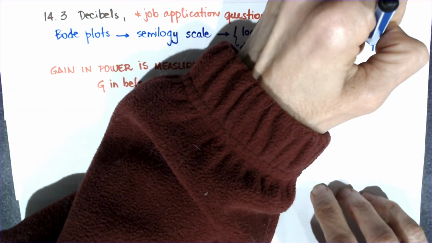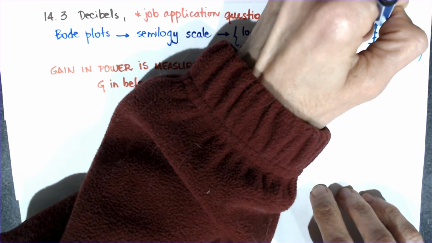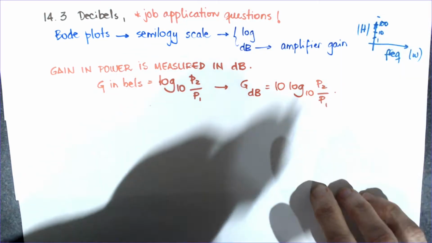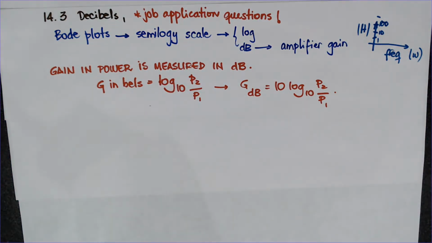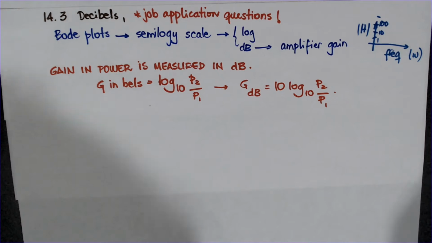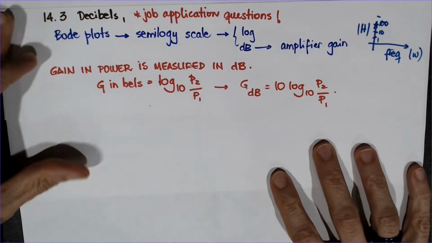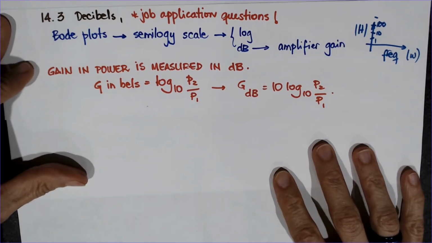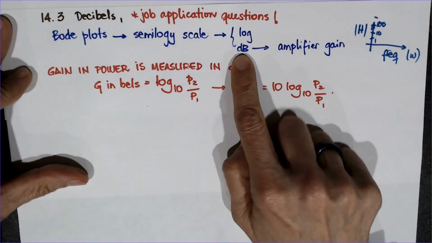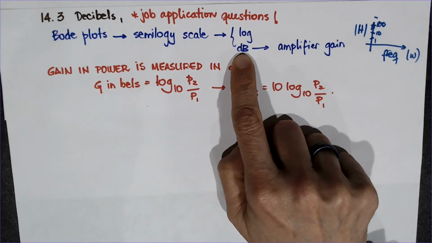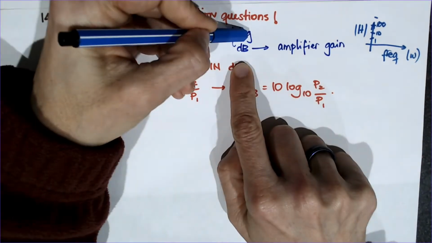So it's 1, then 10, then 100, then 1,000. It's much easier to plot this way. It becomes linear. A lot of the circuit responses will be super simple this way. And a lot of times we're not even going to use the dB scale, but it comes from logs.